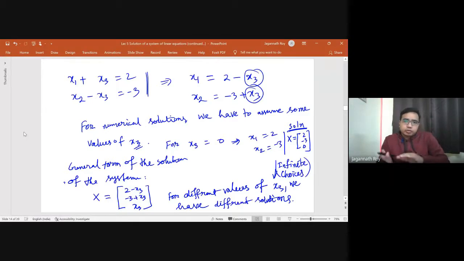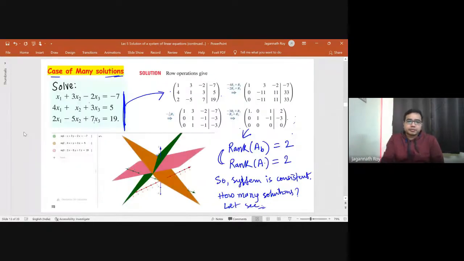Okay, now look, let's just go back and check what happened here. This is a 3 by 3 system, so the maximum rank of A can be 3, right?